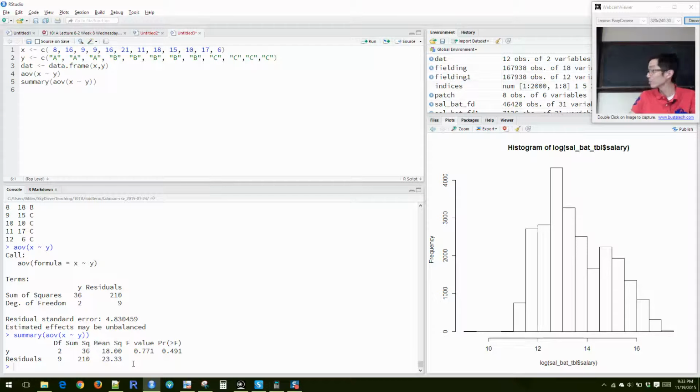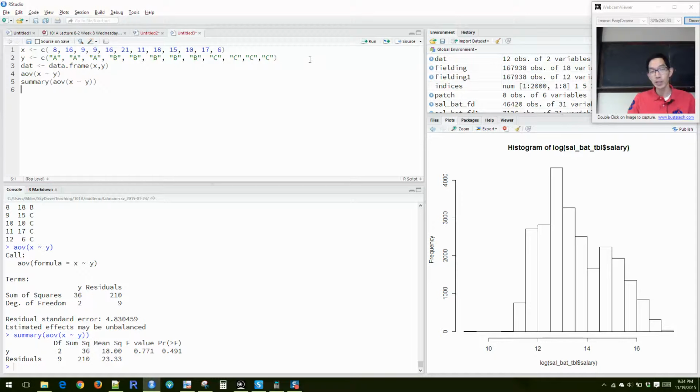If you look in your notes, the values are exactly what we have. We have 2 degrees of freedom due to Y, our groups. We have 9 degrees of freedom from our residuals, sum of squares, the mean squares. It calculates our F statistic, and it calculates the p-value for us, and it says your p-value is 0.491.